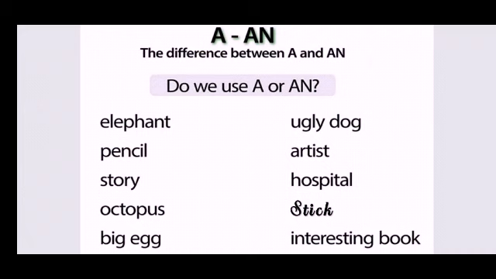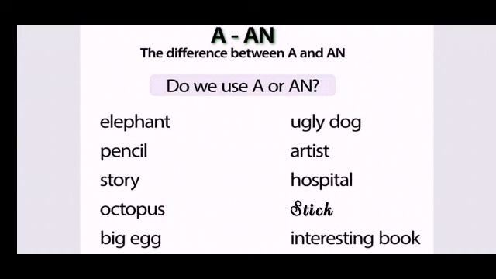We know what we have to use before the vowel and before the consonant sound. An elephant, a pencil, a story, an octopus, a big egg, an ugly dog, an artist, a hospital, a stick, an interesting book. Okay.